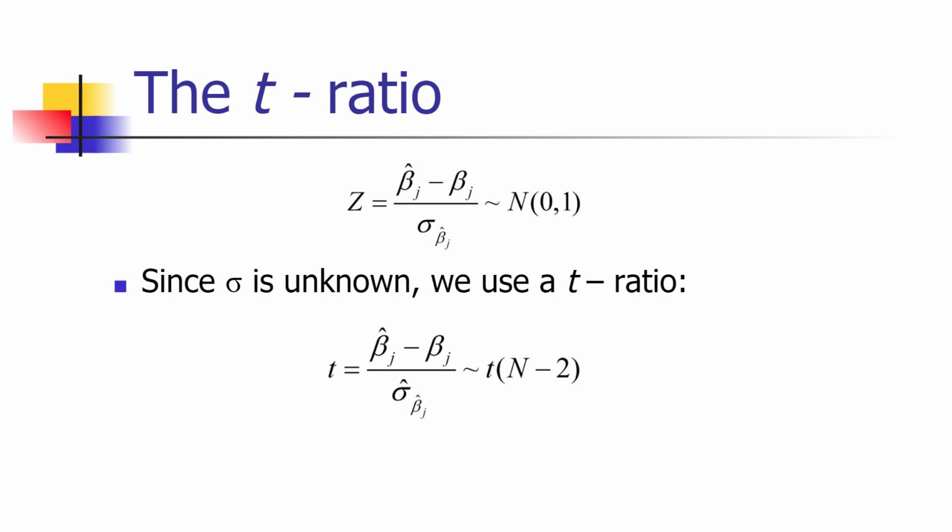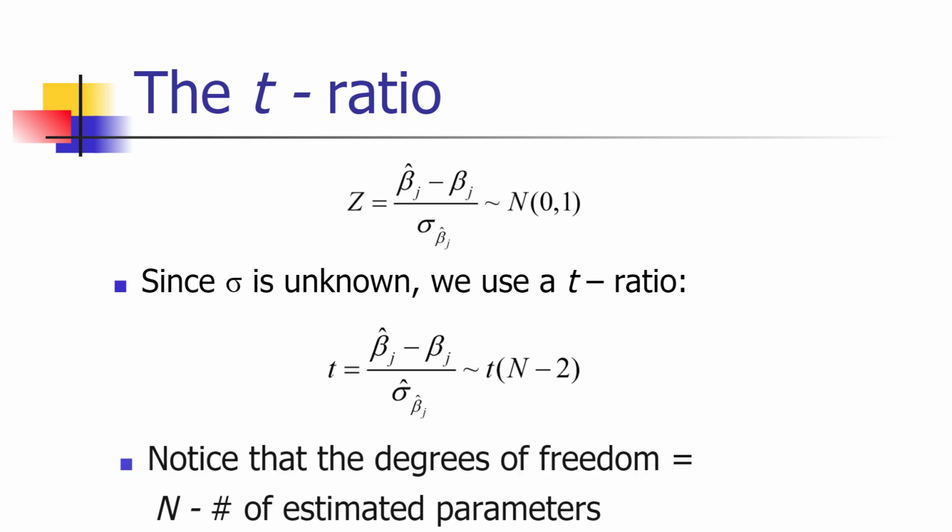Since we don't know the true value of sigma, the standard deviation of the error terms, we instead replace the z-score with a t-statistic, which looks very similar except we're dividing through by the estimated standard error of the parameter beta hat 0 or beta hat 1. This applies to either. As we've talked about, that's going to be distributed as a t-distribution with n minus 2 degrees of freedom.